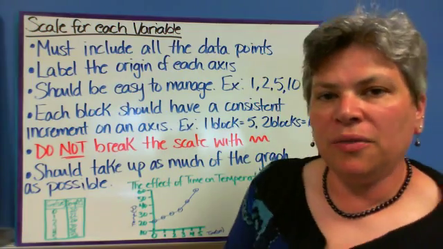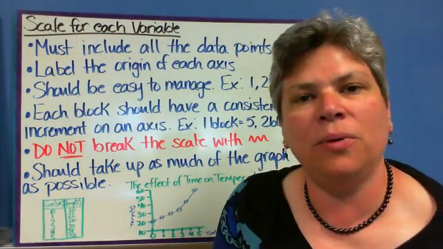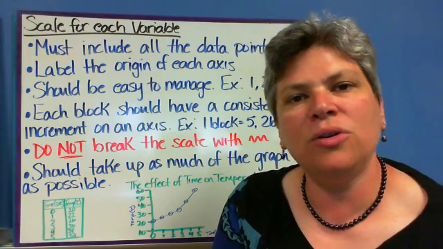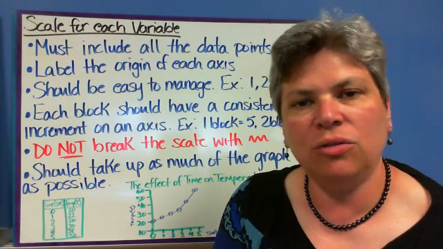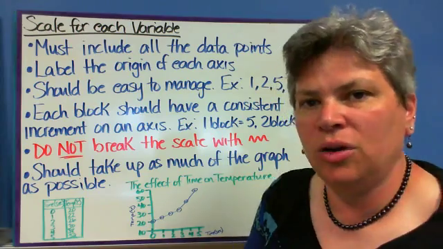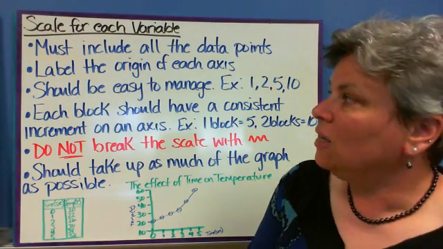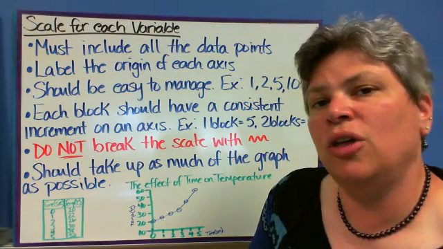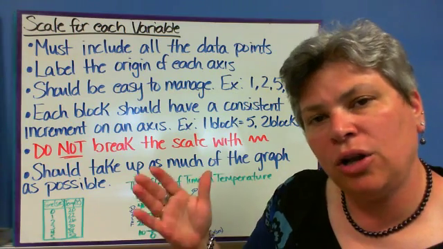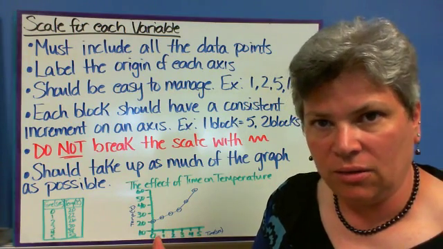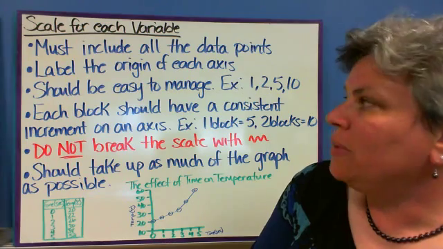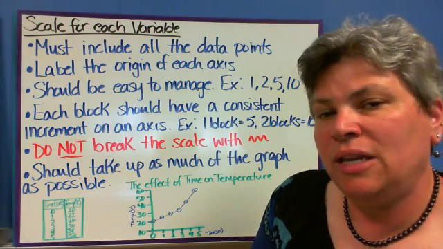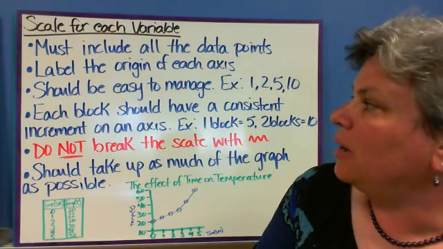So when we talk about those axes, we know that we put numbers on the axes. Those numbers are called the scale. So let's talk about the scale that we're going to put on each axis. First of all, we need to make sure that all of the data points are included in the scale. We need to make sure that we label the origin for each axis, which we just talked about.